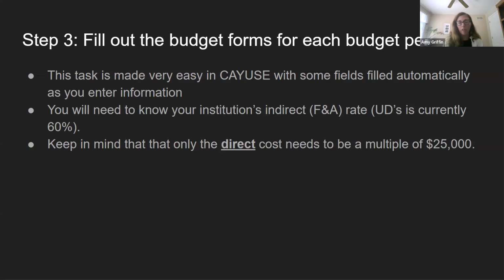Some forms get filled out automatically as you enter information. You'll need to know your institution's indirect or F&A rate. UD's is currently 60%. And keep in mind that only the direct cost needs to be multiples of $25,000. Once you figure in the indirects, it's going to be a different figure.